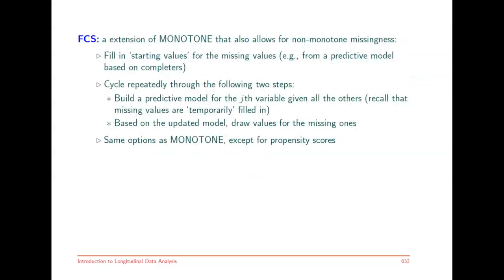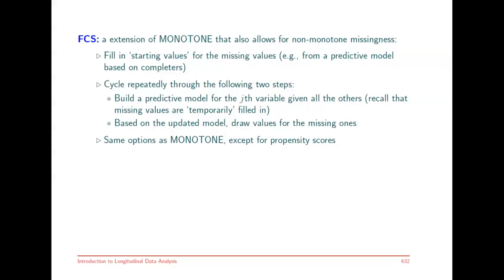What it essentially does is we cycle through all the outcomes. So, there are illustrations further down, but you have, for example, a vector of outcomes like in the ARMD data set.